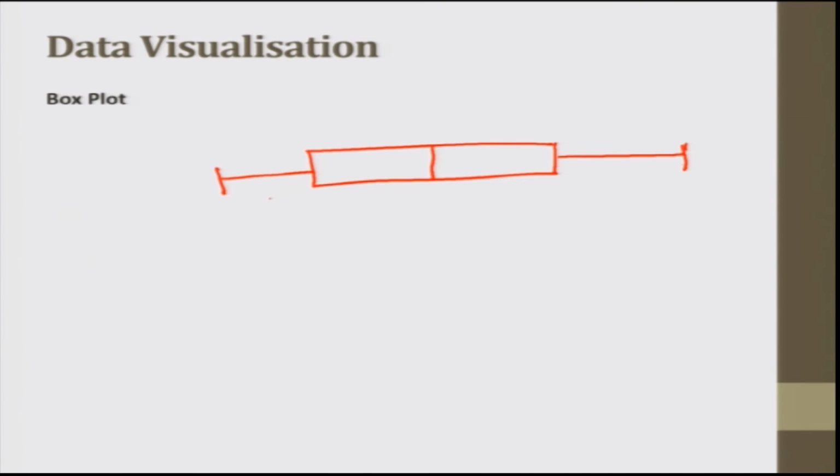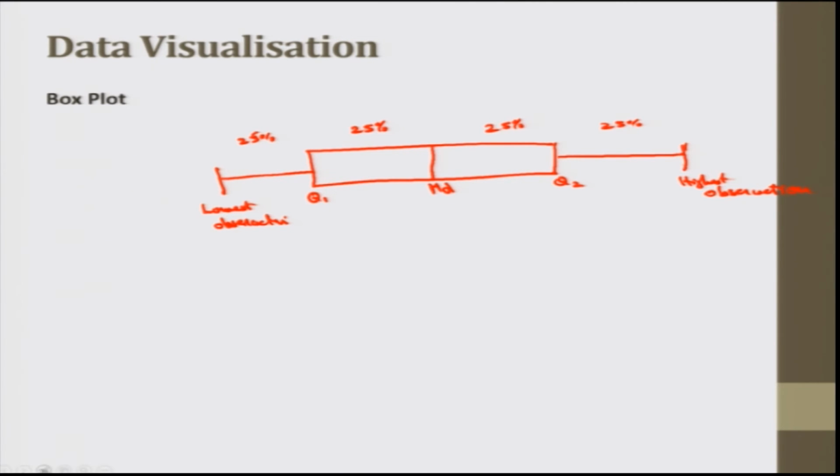This is my lowest observation, and this is my highest observation. And as I discussed, this is my median and this is Q1 and Q3. That means I am having 25% of data here, 25% here, 25% here and 25% here.